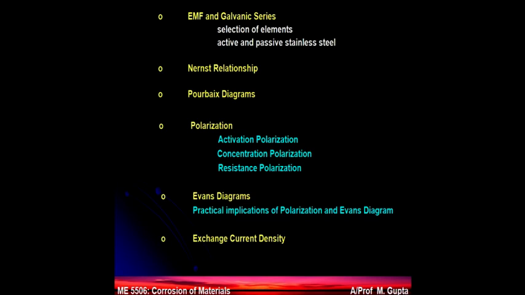For example, if you combine iron with aluminum, it will make a galvanic cell, but which of the two metals will corrode? It will tell you that. How fast or how slow, it will not tell, but it will tell you which metal will be corroding and which metal will not be corroding.